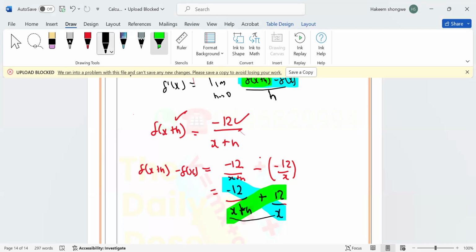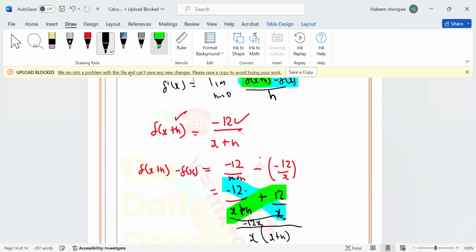We're going to have this one multiplied by this one, which is getting the LCD. The LCD in this case is whatever appears on the denominator. What appears on the denominator here? It's x, and then x plus h. All over, this one multiplied by this one is going to give us minus 12x.